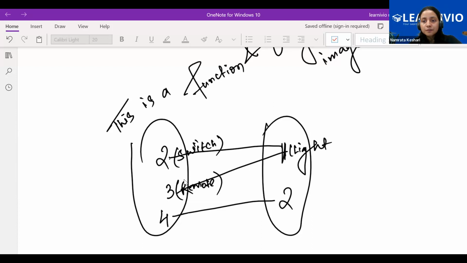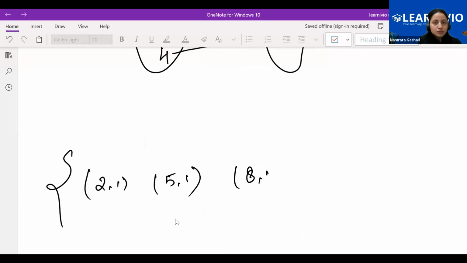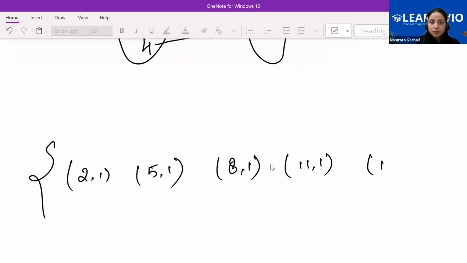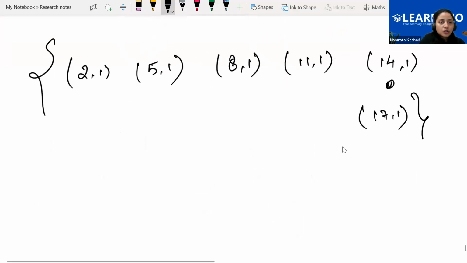Yes. Let's take a few questions. We have one set of ordered pairs: (2,1), (5,1), (8,1), (11,1), (14,1), (17,1). Check whether it's a function or not.